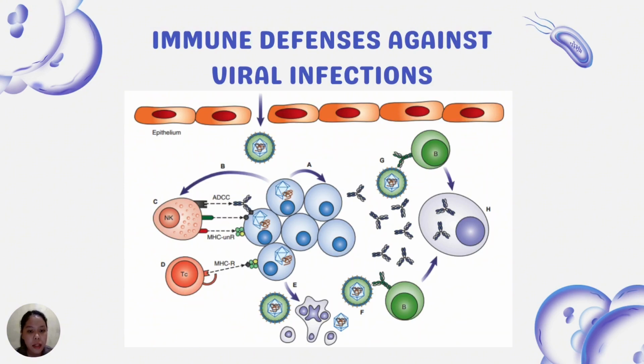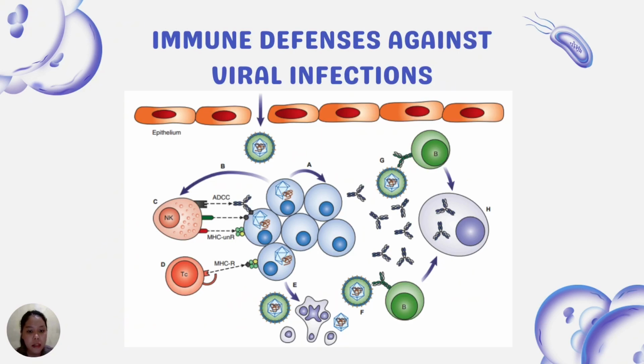Yung virions na mula doon sa pagka-degrade or pagka-release doon sa T cells pati dito sa NK cells, yung virions na mula dun sa virus na yun, tsaka yung virions na nag-penetrate doon sa epithelium natin, parehas iyan na ma-recognize ng ating antibody-specific na B cells.